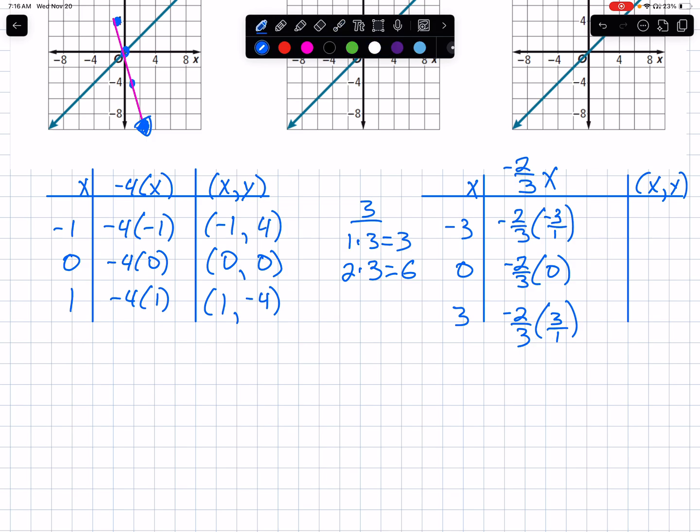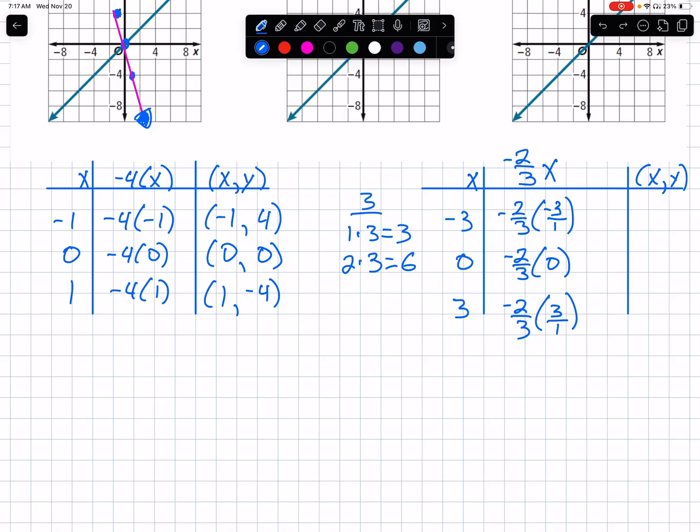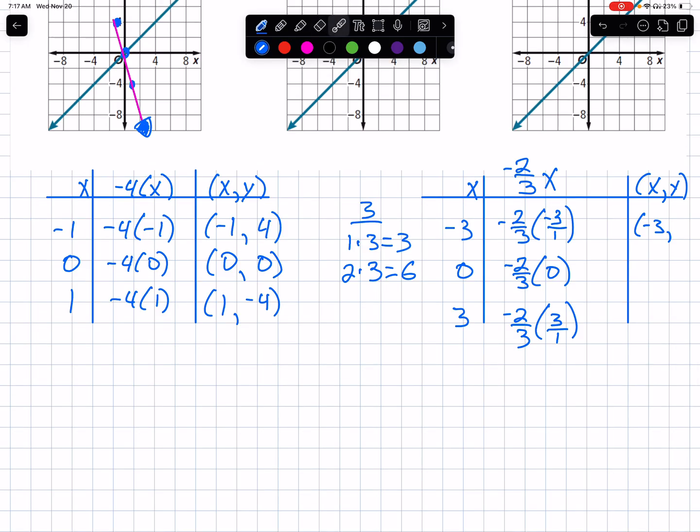So as you look at the top one here, -2 times -3 is +6. So our x value of their ordered pair is -3. The y value is, right, I get +6 here divided by 3. So I'm going to write that answer here. 6 divided by 3, and when you see it, 6 divided by 3 is 2.